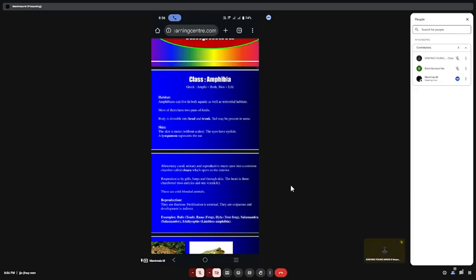In the digestive system, the alimentary canal, urinary and reproductive tracts all open into a common chamber called the cloaca. In the respiratory system there are three kinds: pulmonary, through the lungs; gills, called bronchial; and through the skin, cutaneous respiration. In the circulatory system, the heart is three-chambered, with two atria and one ventricle.